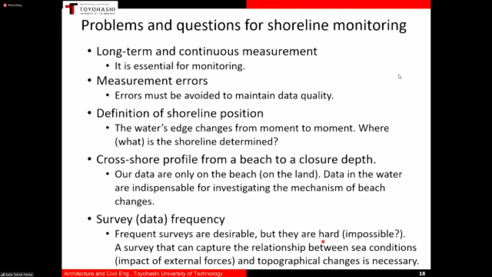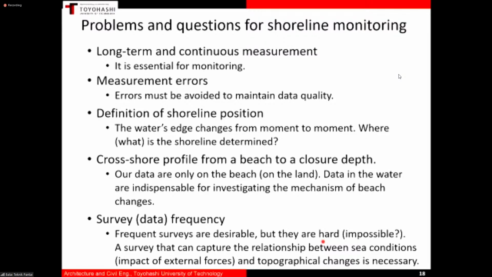To know the accurate characteristics of the shoreline change, error must be avoided. And my question is how we can define the shoreline position, because the water edge changes from motion to motion.